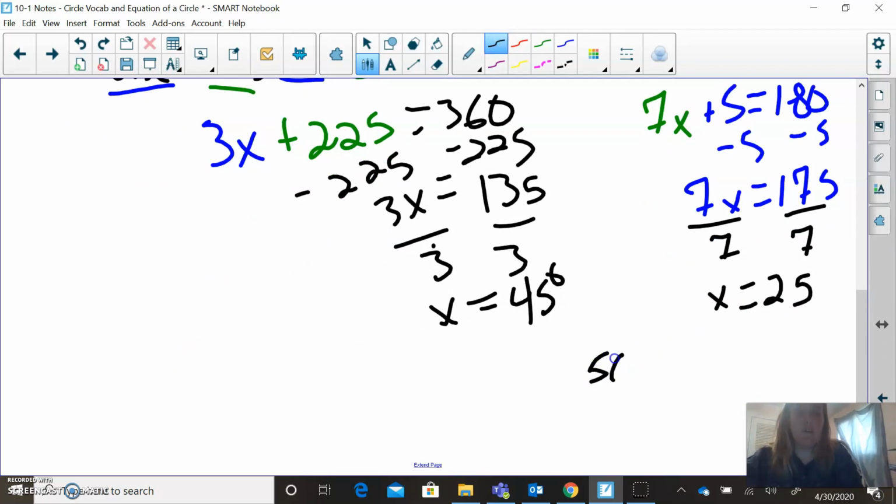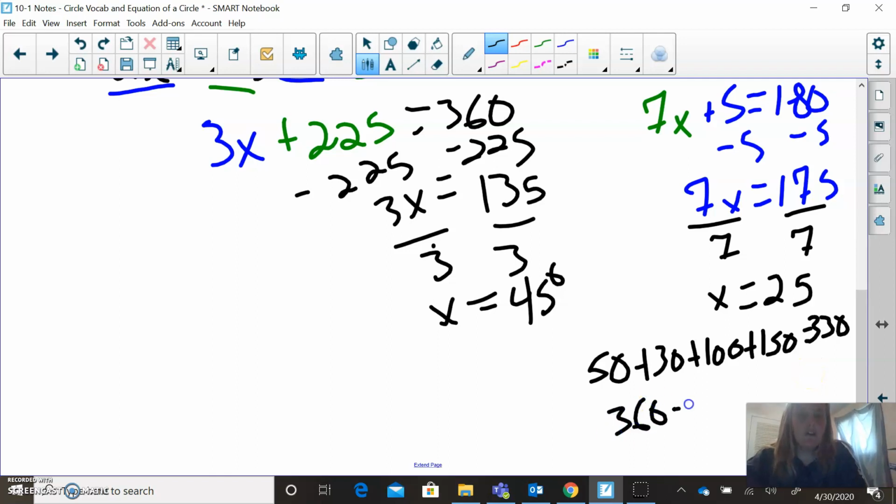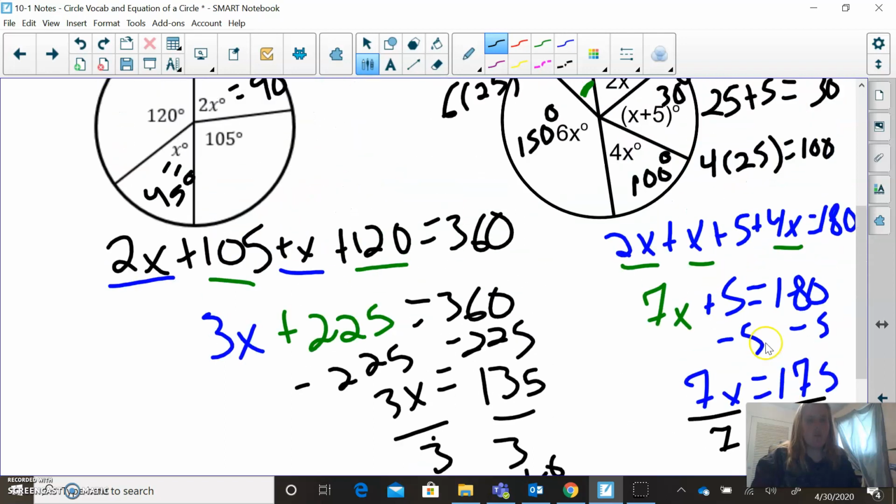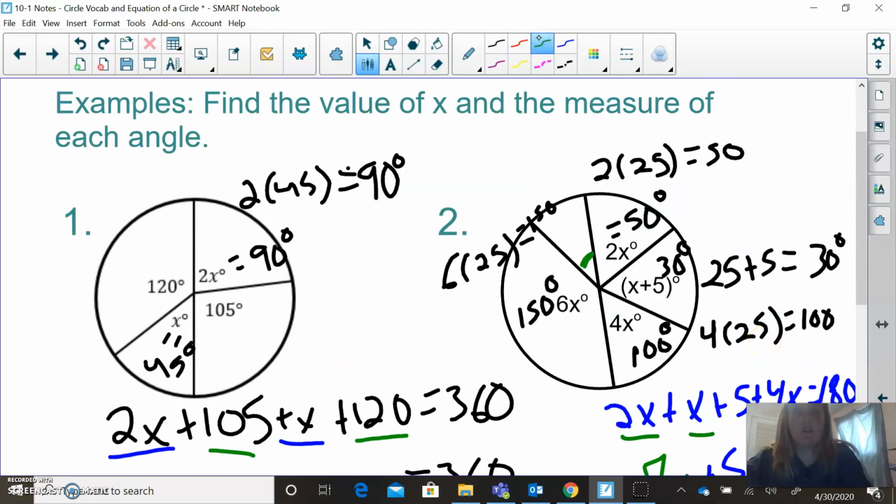We'll take the 50 plus the 30 plus the 100 plus the 150, and that equals 330. And then you can take 360 and subtract out 330, and that gives you 30 degrees. So this one right here in green is 30 degrees.